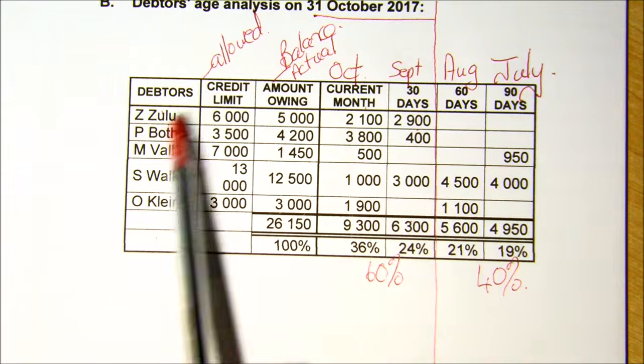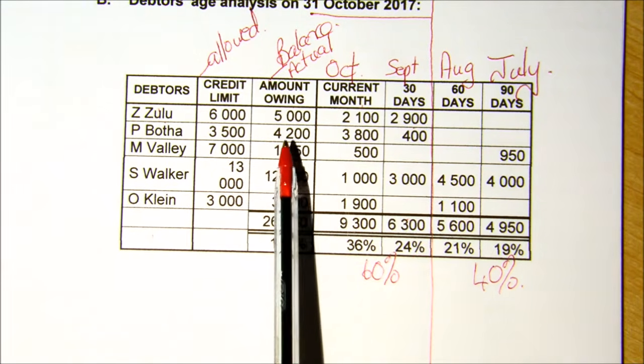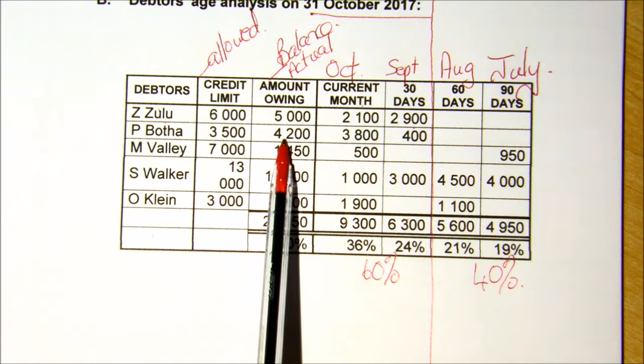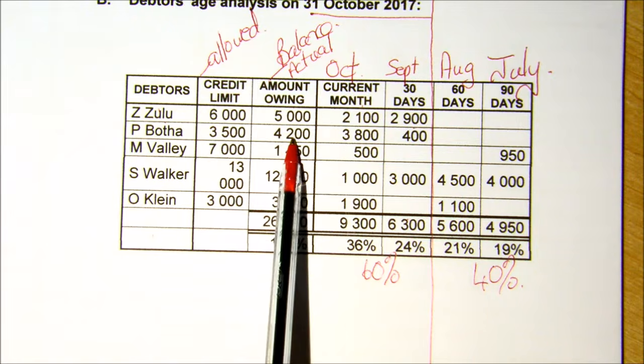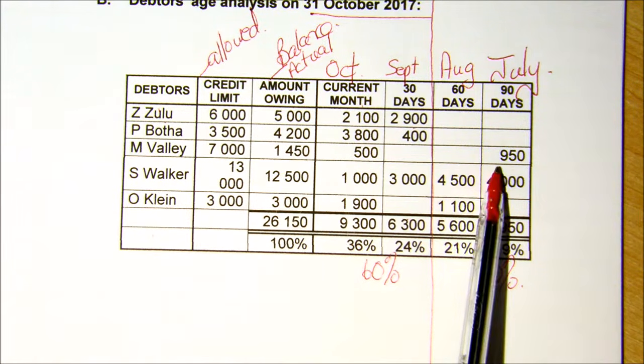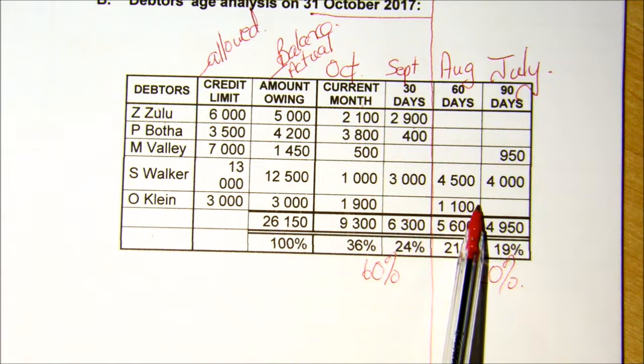So if we have to look at this and say, well, where are the problems? The problems are, first of all, that in the case of Botha, he's been allowed to buy over his credit limit. That's a problem. In the case of Valley, Walker, and Klein, their accounts are overdue. So that's a second problem.